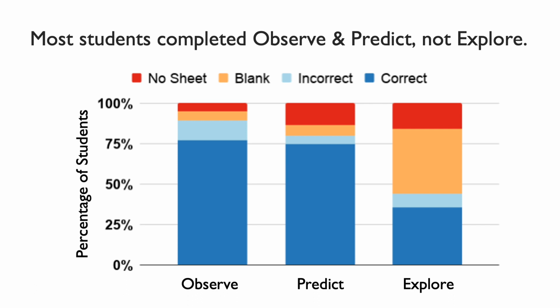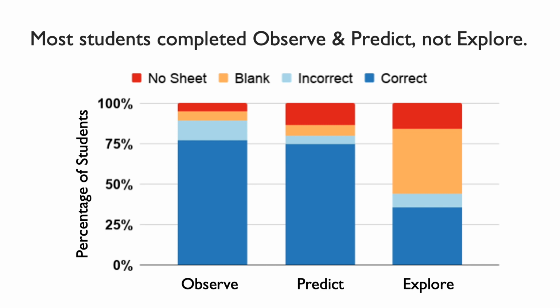We see that a majority of students completed and correctly answered observe and predict questions, but explore questions were largely left blank. It's unclear why these questions were left blank. It may be because they were too difficult, or they were not routine for students as they weren't on all worksheets, and this would require further research.